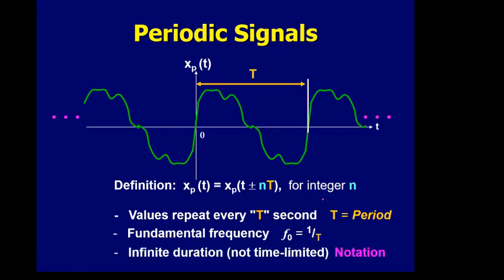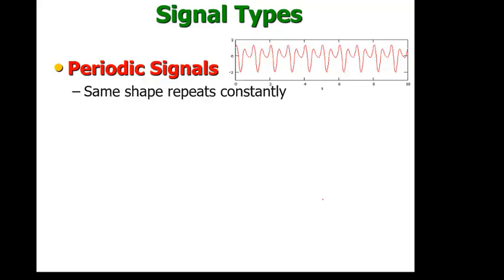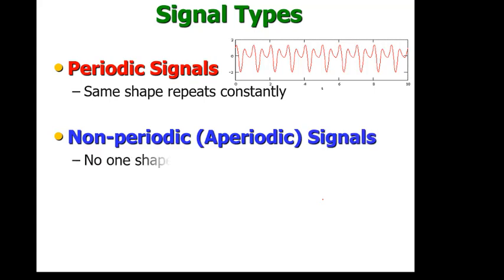In general, we assume our periodic signals to be truly periodic are infinite duration. They're not time limited. If we want to be absolutely certain to denote that, we can use this 3-dot notation, showing that the signal goes on and on and on in both directions with the same pattern. So periodic signals are ones where we have some pattern that keeps repeating over and over again.